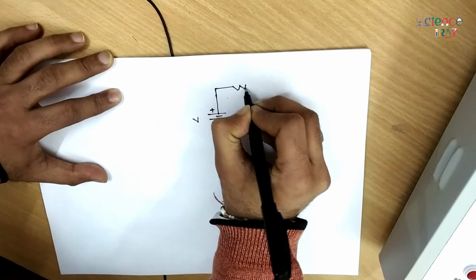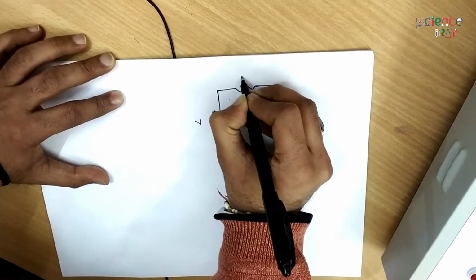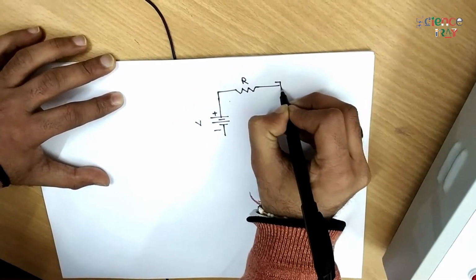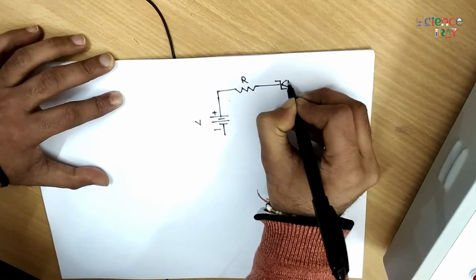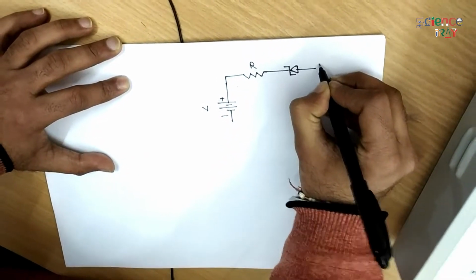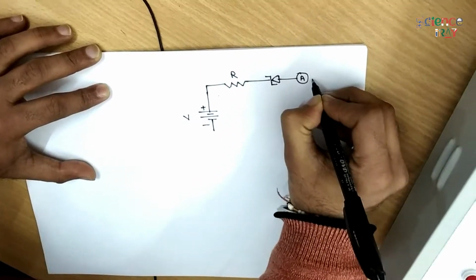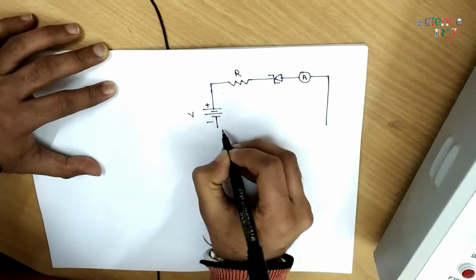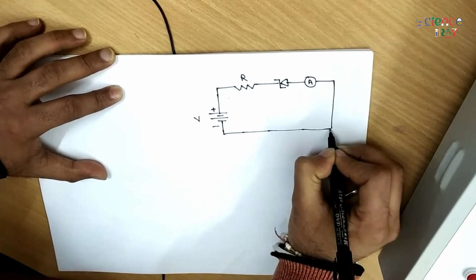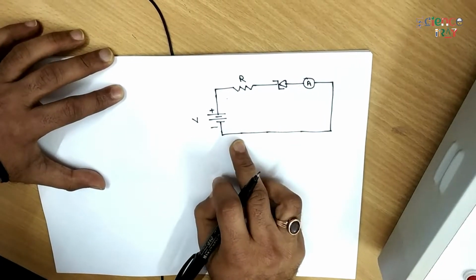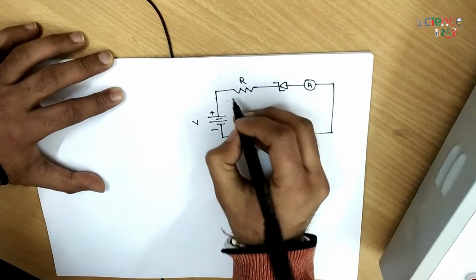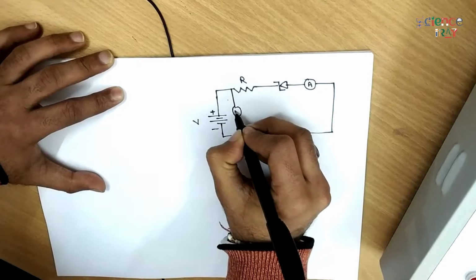We are connecting a resistor, after that a Zener diode, and the current flowing through this Zener diode will be measured by the ammeter, which is connected in series with it. And to measure the voltage across our voltage source, we are connecting a voltmeter.